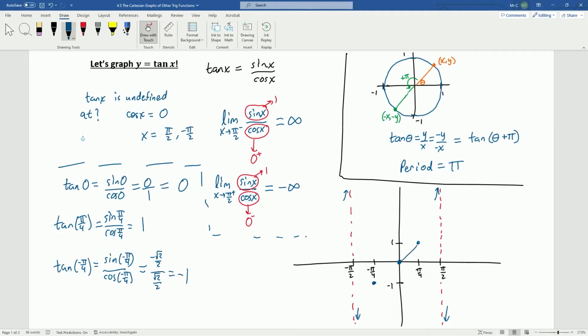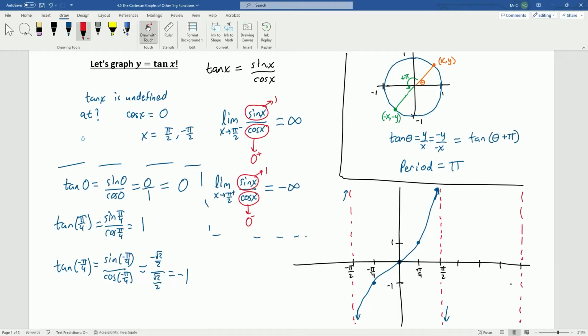So now if I just connect my dots here and head up towards my asymptote, my graph of tangent looks like this. And the only thing I've got to add in here is that this is going to repeat every pi, right?